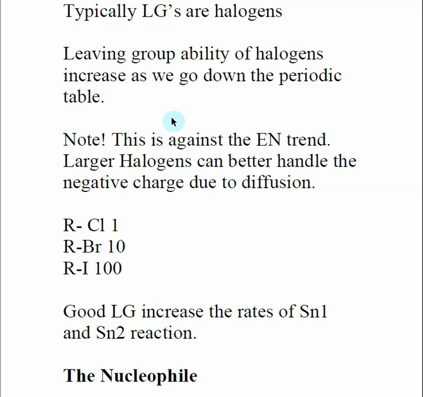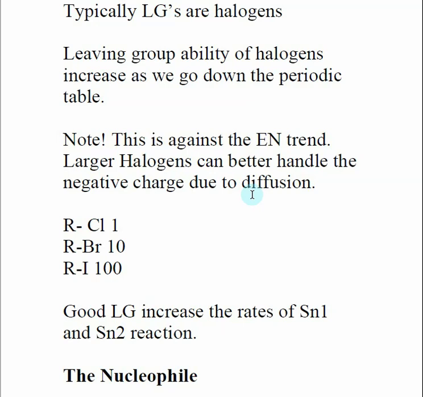The idea is that, in terms of electronegativity, larger halogens tend to be able to handle negative charges because of diffusion. They're more spread out. When we talked about resonance, we spread out a negative charge between two species, like two oxygens, and because the negative charge was spread out, it was more stable. The same basic idea happens here: a larger halogen means that the negative charge is more spread out, and so it's more stable.